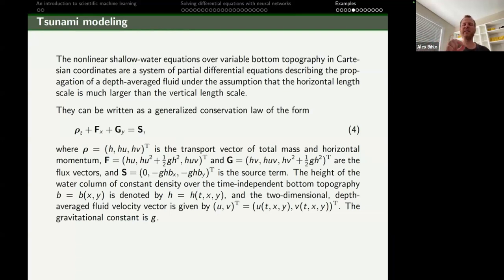Because you have basically a moving boundary problem. If you have a tsunami, you have a coastline, and initially the coastline is dry. Then as a tsunami wave hits the coastline, the interface between wet and dry is moving from the ocean into the coastline. In a standard numerical scheme, this is challenging, because now you have a moving point that you have to track.